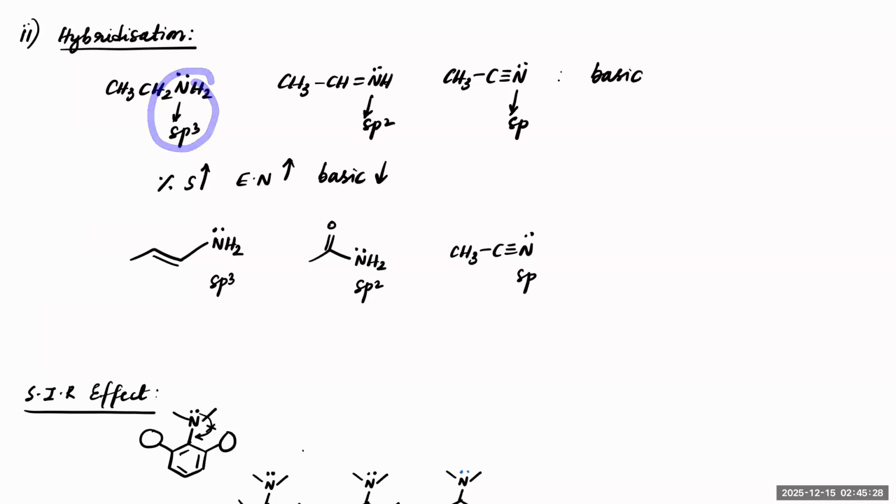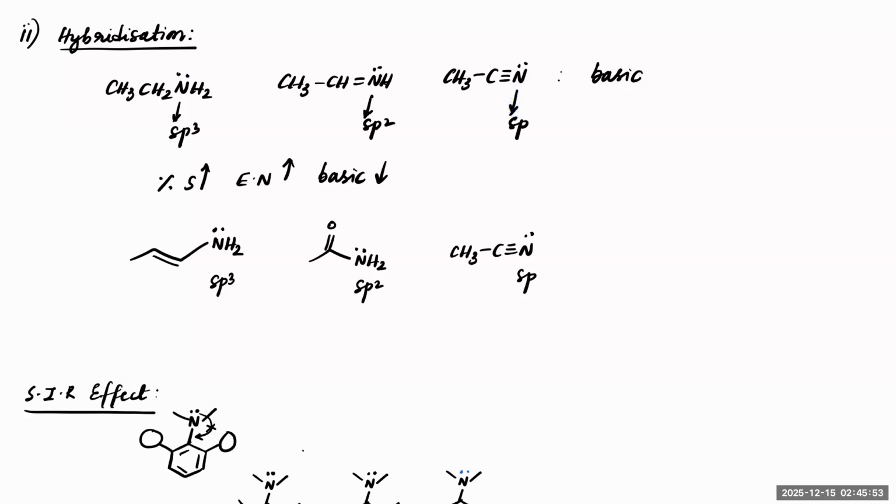Amines are at sp3, imines are at sp2, and cyanide is at sp. Now, only check on the basis of percentage S character. Here, percentage S character is more, which makes it less basic.